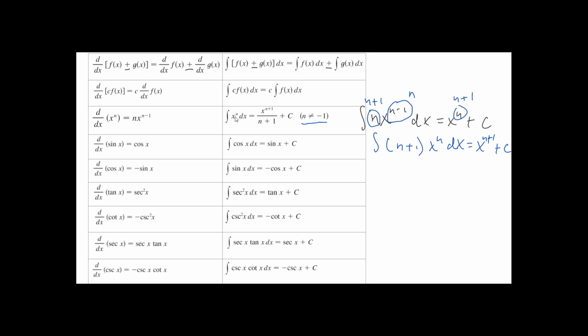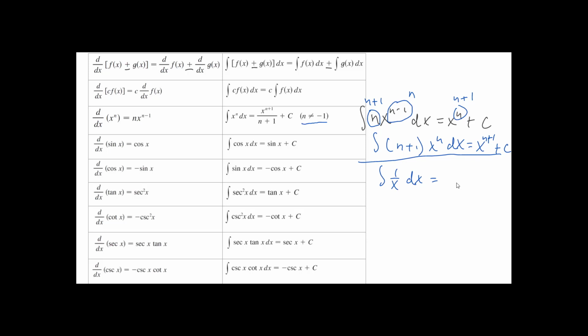Well, the left-hand side becomes integration of x to the minus 1, which is 1 over x. And so you ask, what is this equal to? Okay, if you're forced to use this formula, you're going to have x to the 0 over 0, which does not make sense. So you don't have that formula.